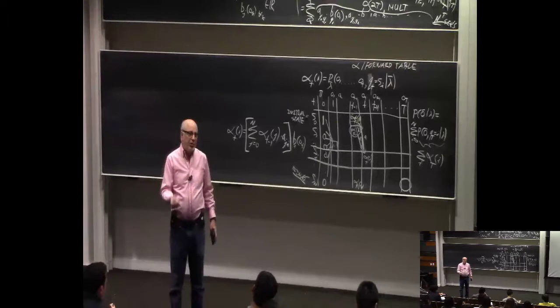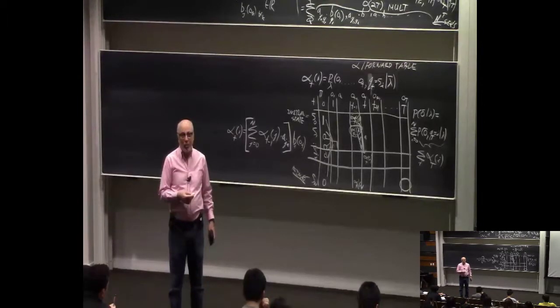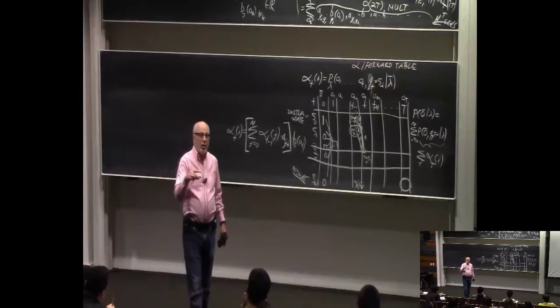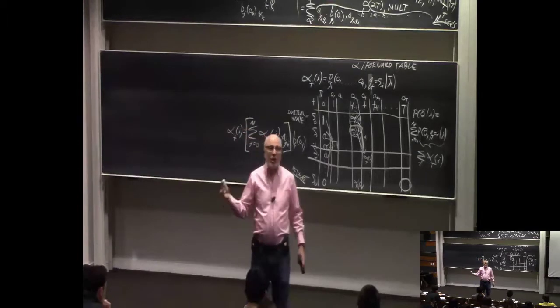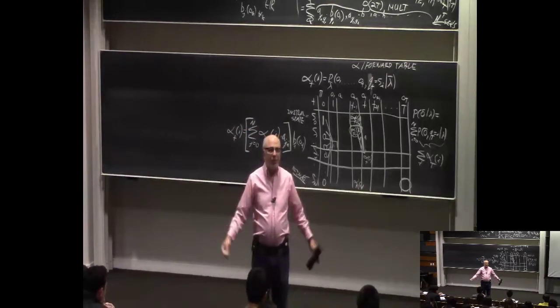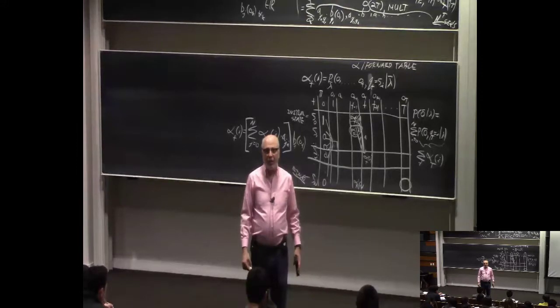You could impose a final state without an initial state. You could impose neither, you could impose both. They're independent decisions. Imposing an initial and a final state basically says that any state transition that did not start in the initial or did not end in the final is not a legal state transition. So it's taken out of the calculation.